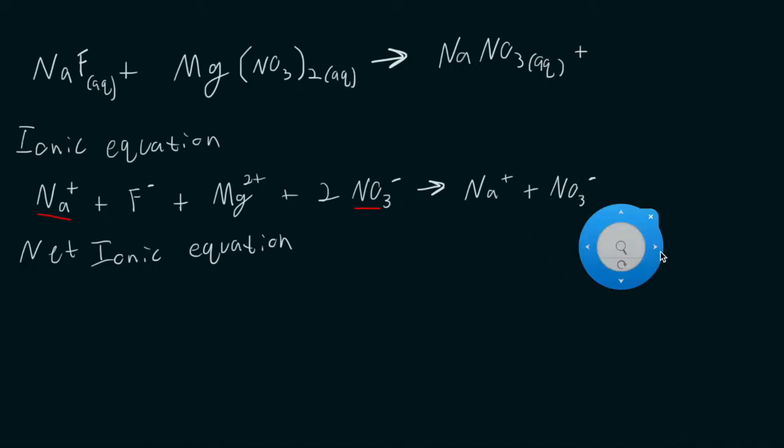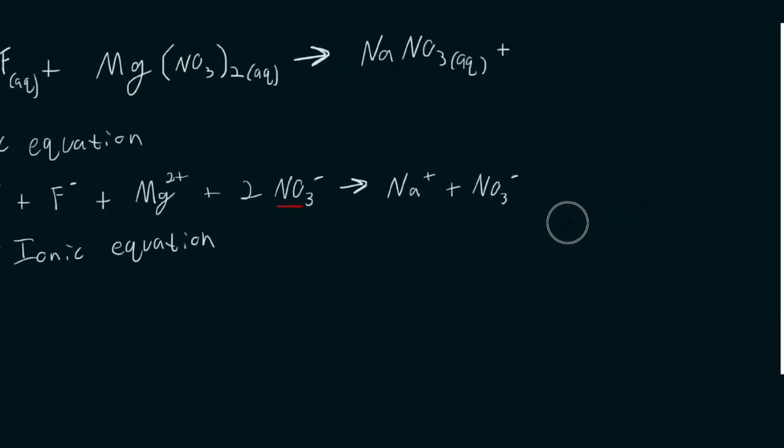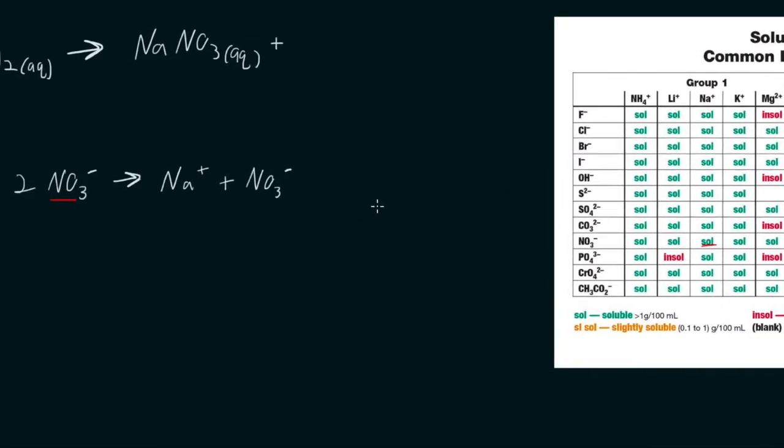Now let's come back over here and let's check magnesium. Magnesium is already bonded to the nitrate, so I don't need to check that. I just need to check if the magnesium and the fluorine together will make a solid. So I come over here and I look. There's my magnesium right there. So my magnesium, I go down to my fluorine, and I see that it is insoluble.